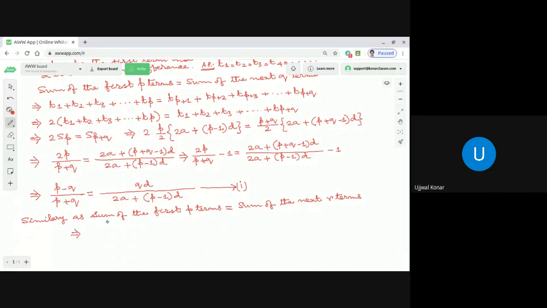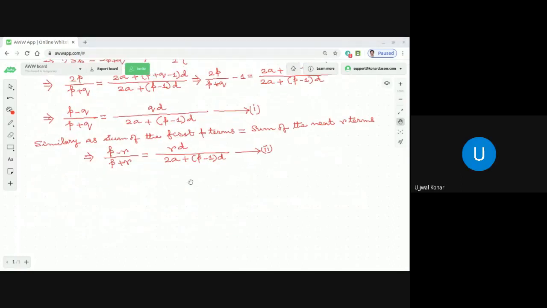From here we are going to get P minus R divided by P plus R is equal to R into D divided by 2A plus P minus 1 into D. All of you agree with me? Yes. It is just that we are saying from the symmetry. Correct or not? Yes.